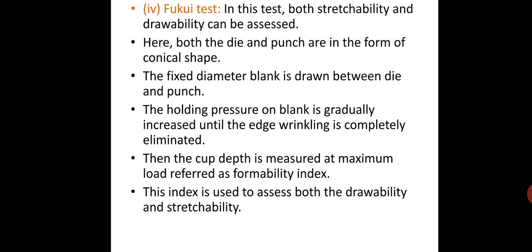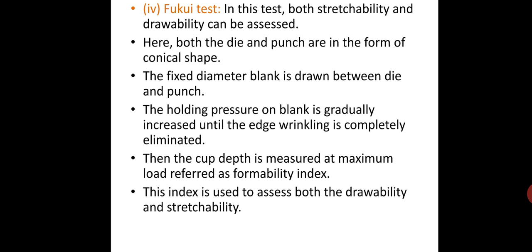The cup shape is formed. In this holding pressure, the wrinkled edge is completely eliminated. Here the index value of the Fukui test shows the drawability and stretchability of the sheet metal.